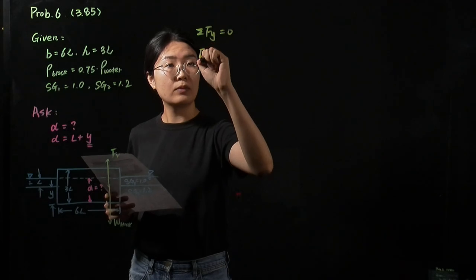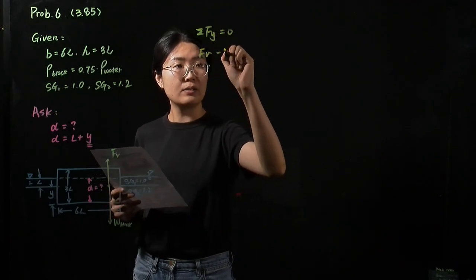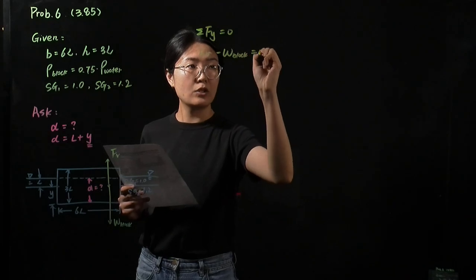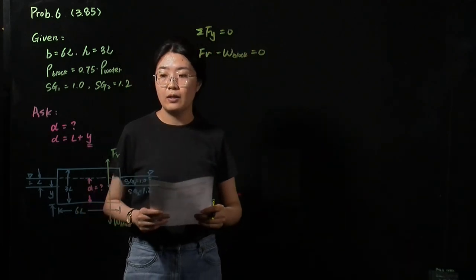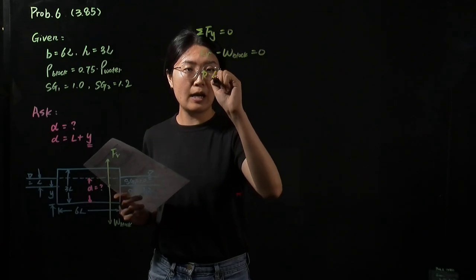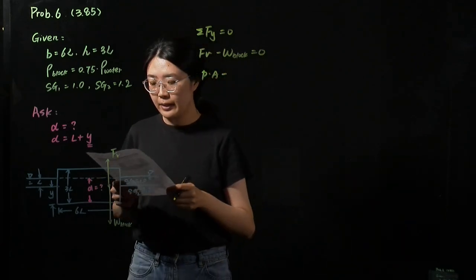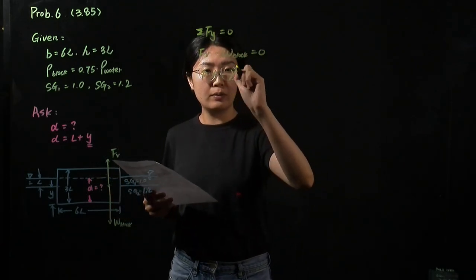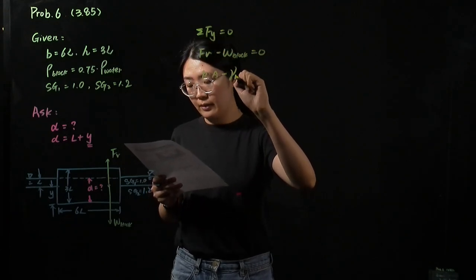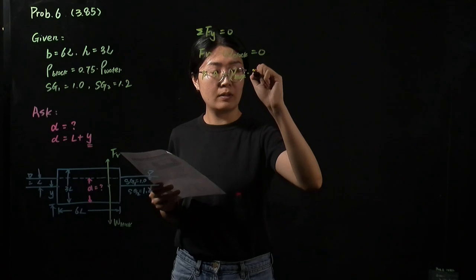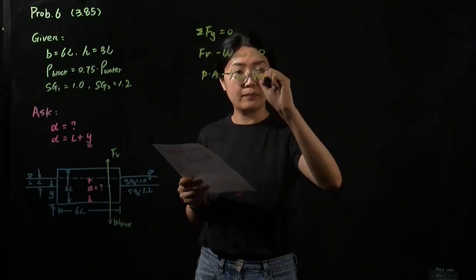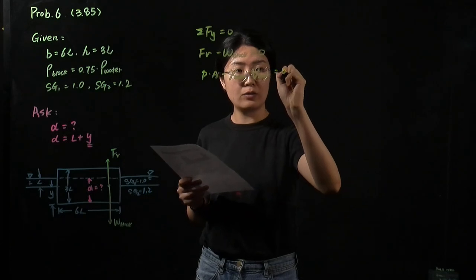So the buoyant force minus the weight of the block should equal 0. The buoyant force should equal P times A, and the weight of the block equals the specific weight of the block times the volume of the block.